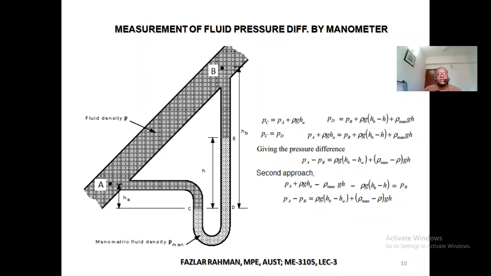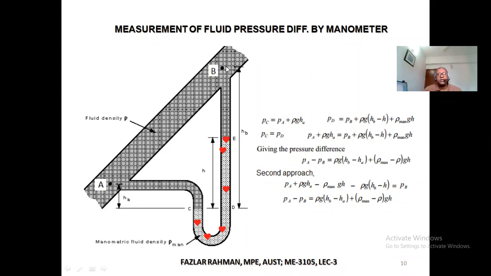You look at the picture, your manometric fluid is at the bottom, right over here, and it's a fluid rho M. The height difference of the manometric fluid is this much, that means H. And the fluid passing through the tube is inclined, and the vertical height from point A to C is HA, and the vertical height from B to D is HB.